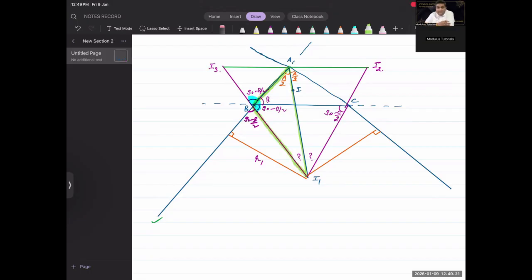Let's talk about this. Now, in this triangle, it's very evident that this part will be 180 minus A by 2 plus 90 plus B by 2. Why? Because B minus B by 2 will give you plus B by 2. Got it? So guys, this will be 90 minus A by 2 plus B by 2.